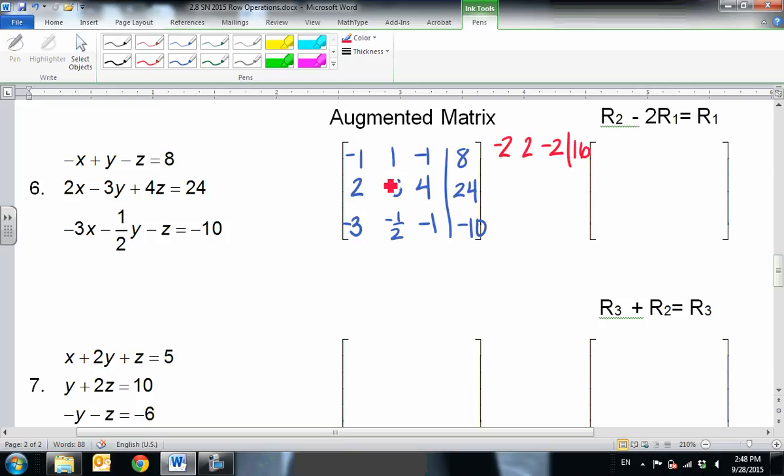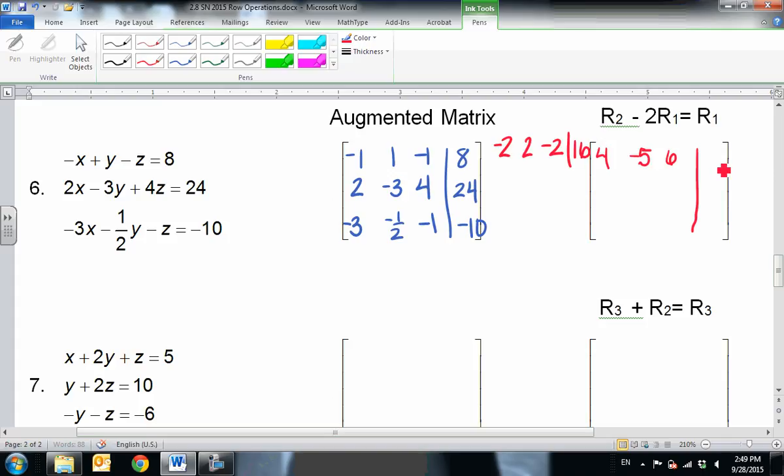2 minus negative 2 gives me positive 4. Negative 3 minus 2, negative 5. 4 minus negative 2, 6.